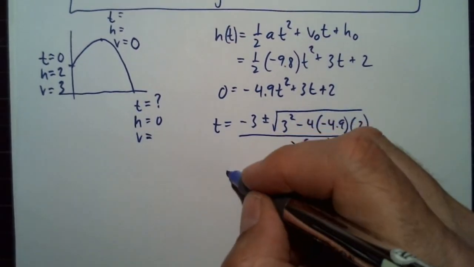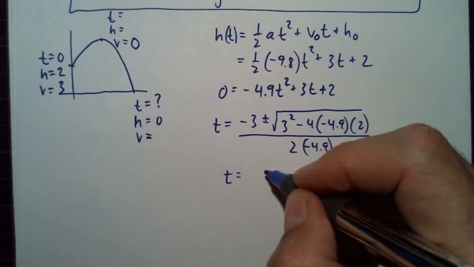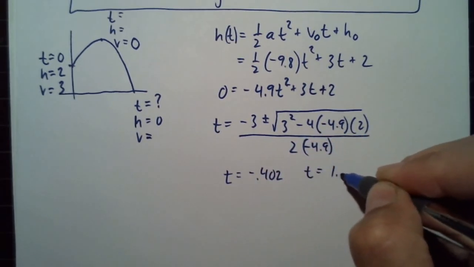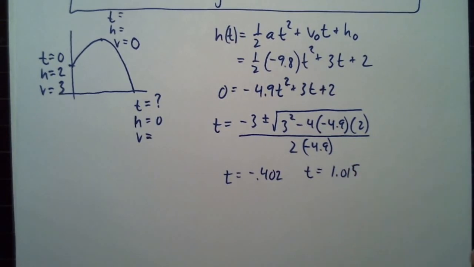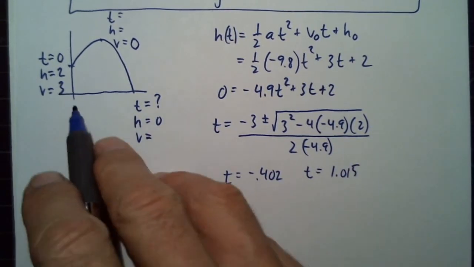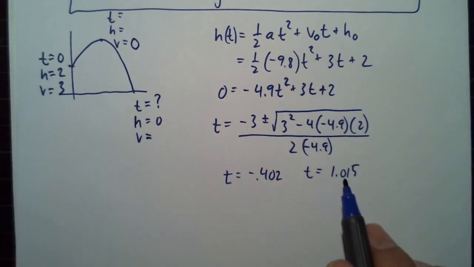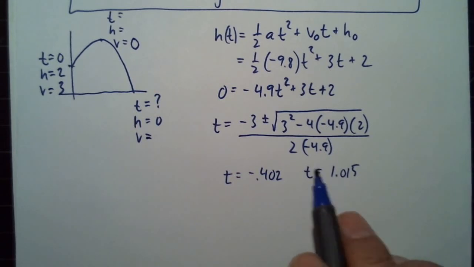Okay, we do all that work and we have t equals negative 0.402 or t equals 1.015. So this negative corresponds to some point over here. We're not going to go back in time, but we're going to go forward in time, and the time that it hits the ground is about 1 second.